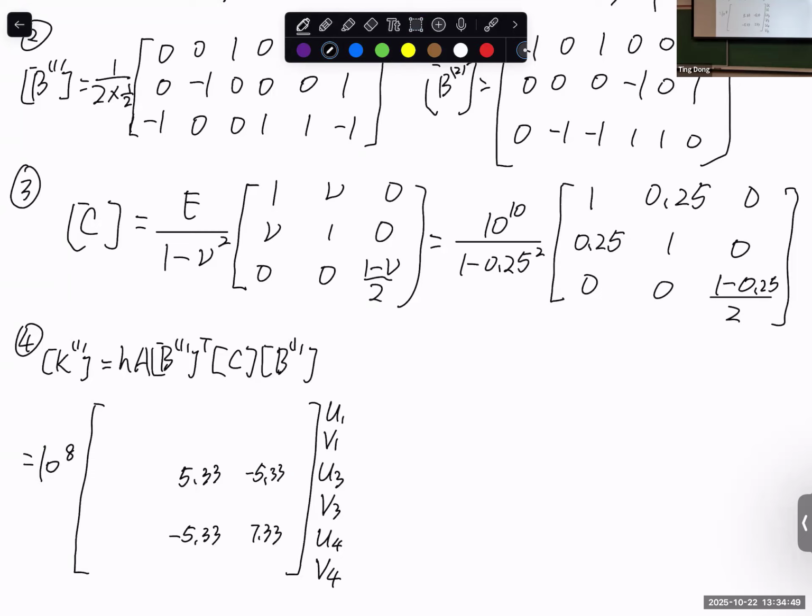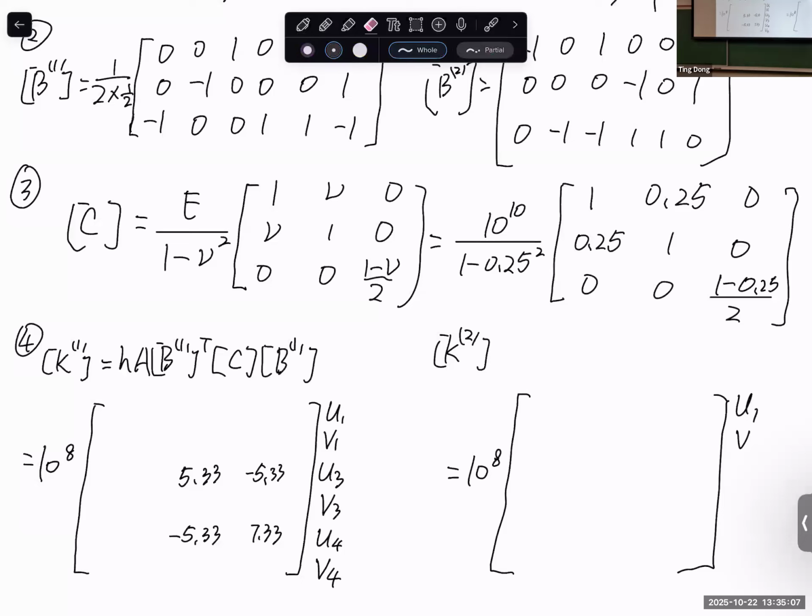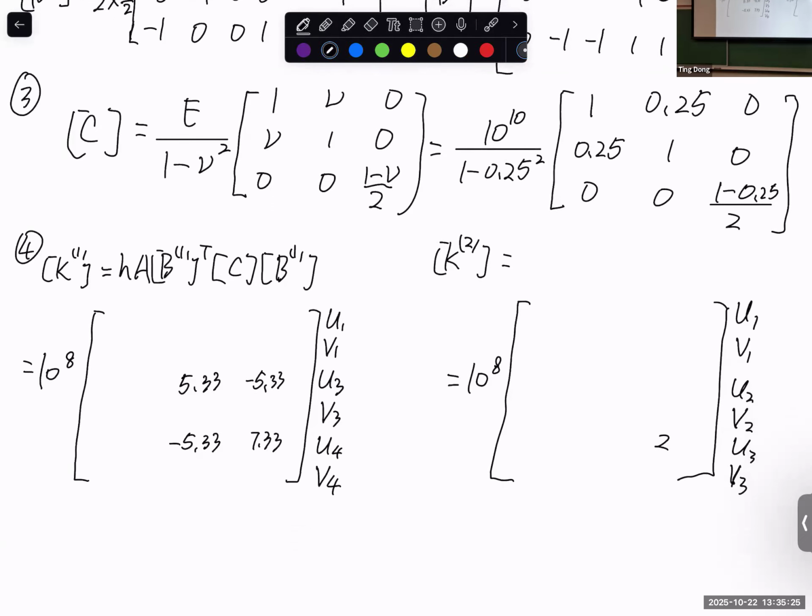And for the second element, we only need one component. Again, I write the row index here: U1, V1, U2, V2, U3, V3. We only need the component corresponding to U3, one component. After assembly, it becomes 2 by 2.